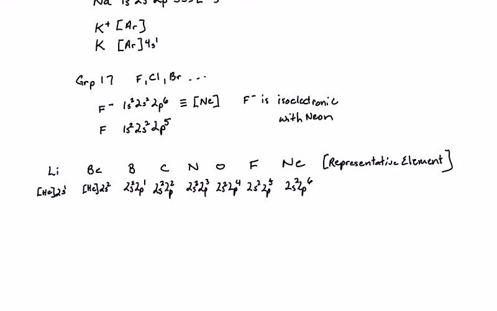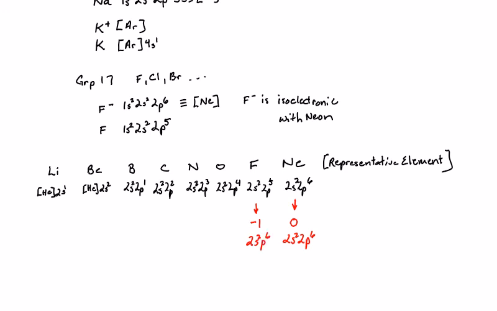So we can see that neon has no interest in becoming positively or negatively charged because it already has the right number of electrons, because it wants to be 2s2, 2p6, because that fills its outer shell. Fluorine wants to have a negative charge because when it has a negative charge, it has one additional electron and it becomes 2s2, 2p6.